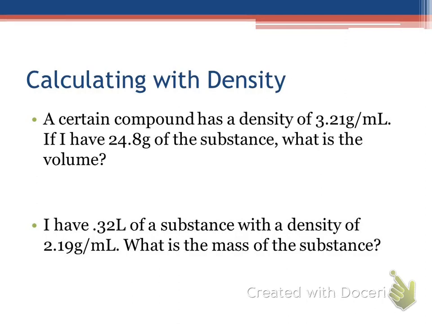And if I want to go from liters to milliliters, what should I do? Multiply by 1,000. Good, right? We should have a lot of milliliters contained in 0.32 liters. So you should end up with a bigger number there.